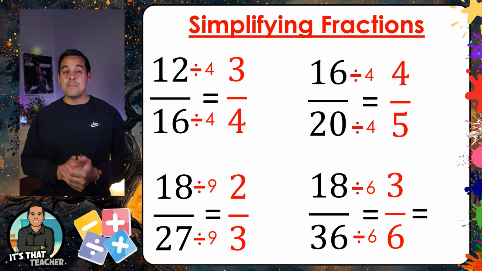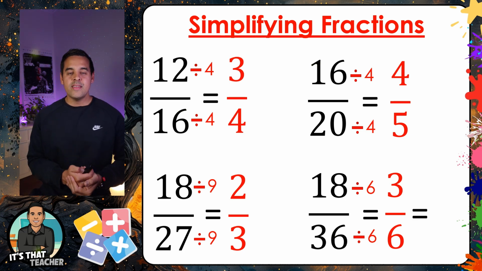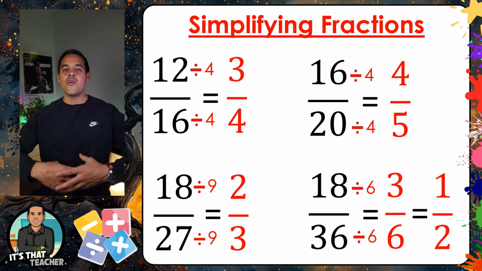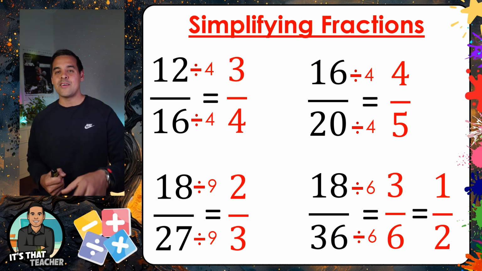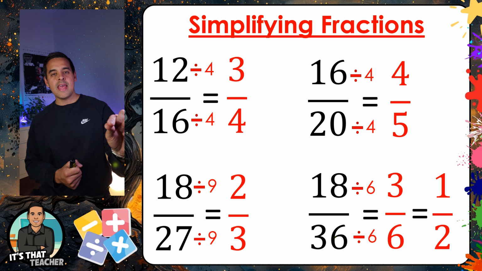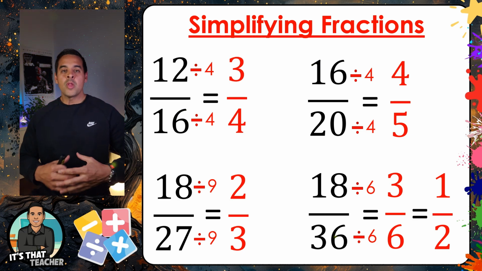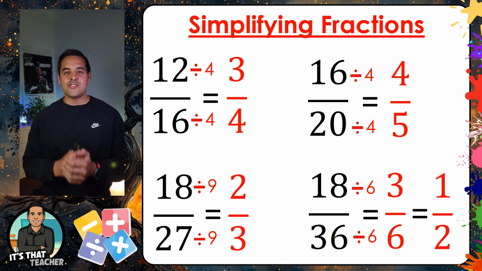Now, that isn't the simplest form that fraction can achieve. If we divide both of these numbers by 2, that will give us further simplification of that fraction to 1/2. So as you can see here, if you land on a fraction and you realize, hey, I can simplify this further, always go with the simplest form that fraction can achieve.